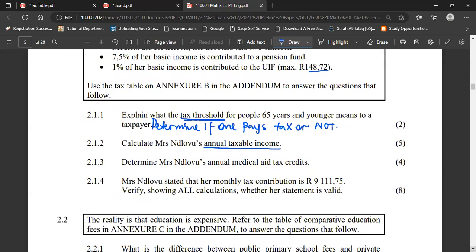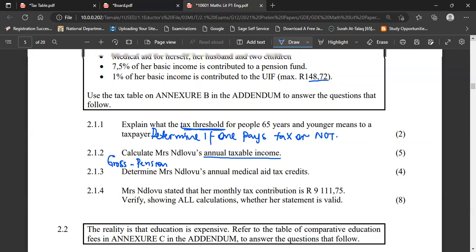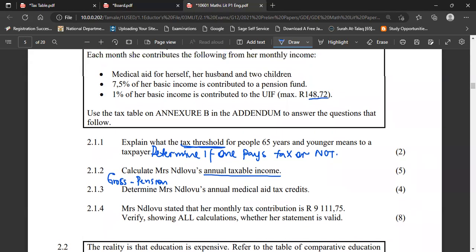Oh, sorry. First and foremost, we need to look for the taxable income. Remember, taxable income will equal the gross minus pension, because I'm seeing here pension, no medical aid. Okay, let's do that. Remember they said annual, so we shall multiply the answer by 12. The gross we were told is 60,000.